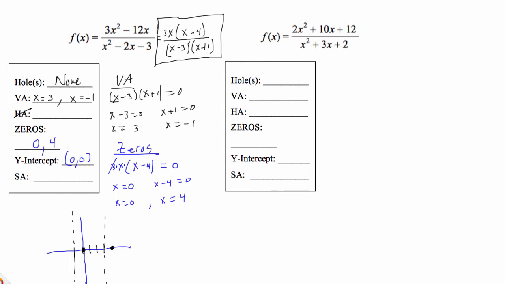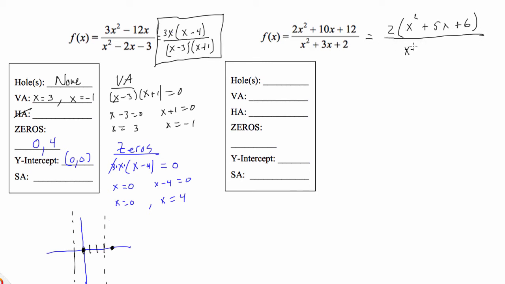Okay, next one. Let's factor. And again, make sure you're always looking for a GCF just to make the factoring much, much easier. Okay, we have an x squared plus 5x plus 6. And it looks like we should get something that cancels, I believe, from the bottom.